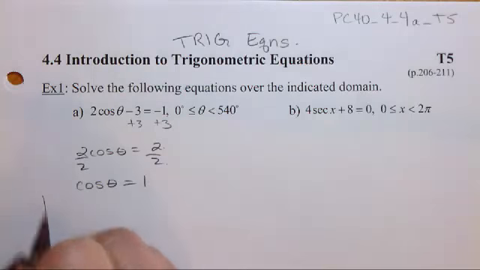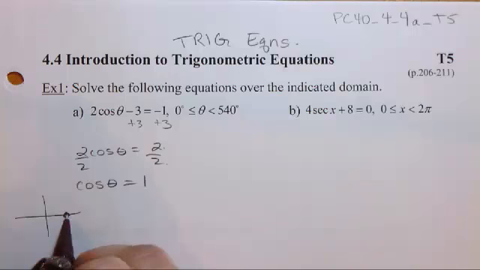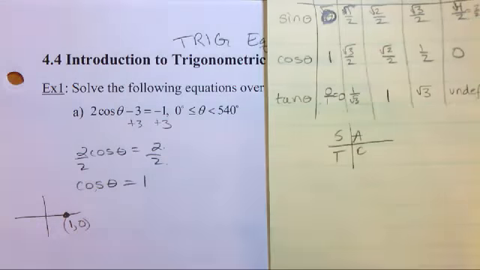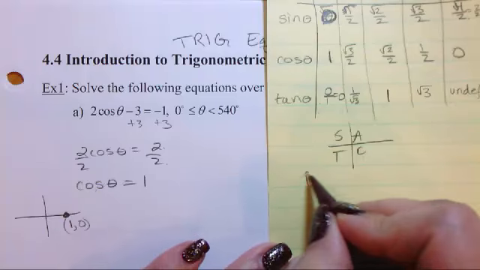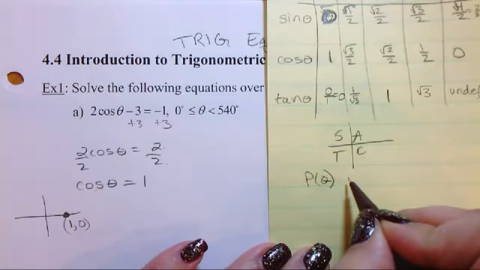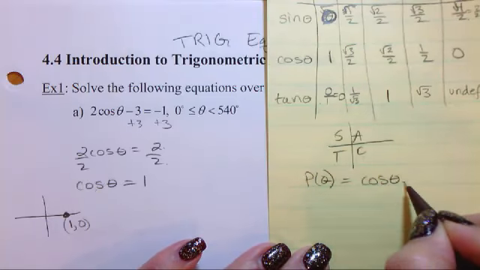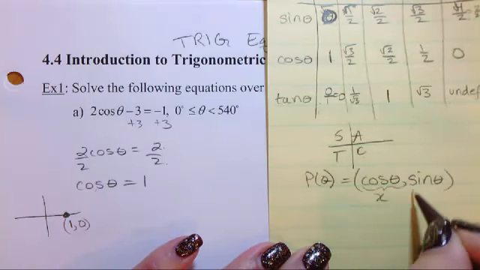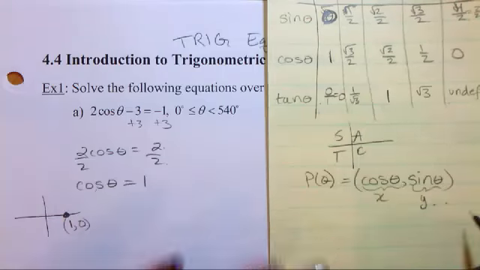Now that happens at the end. So right here, this is 1, 0. Also remember that cos is x values and sine is y values. So you could also write down P theta equals cos theta, sine theta. Okay, then you have your x here and your y value here for the unit circle.